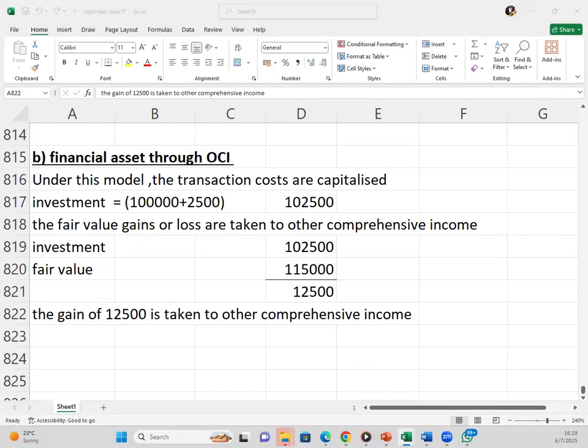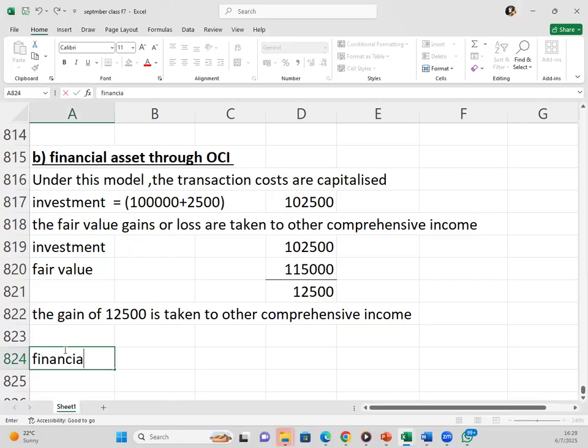Then we also have what we call a financial asset at amortized cost.